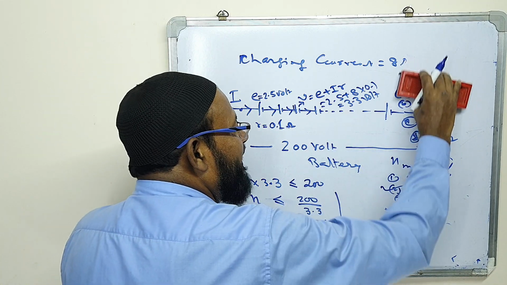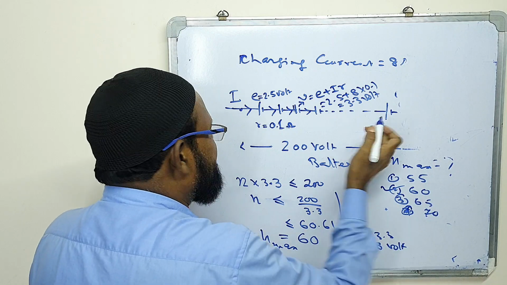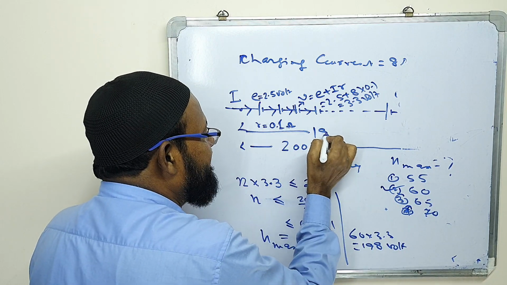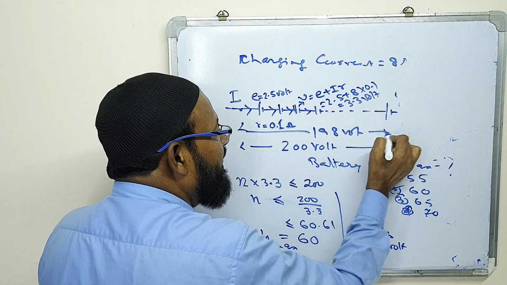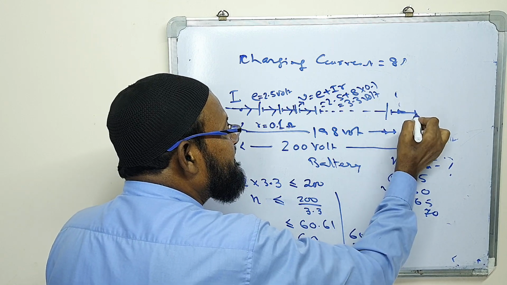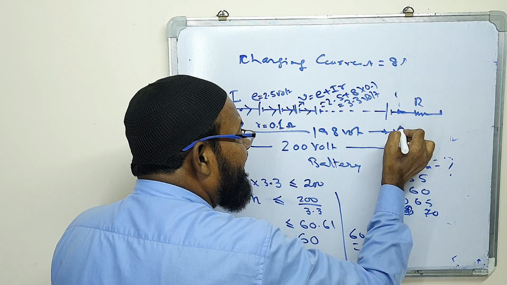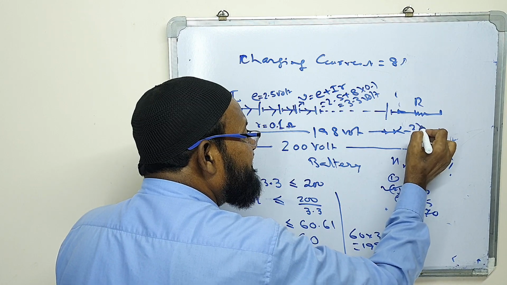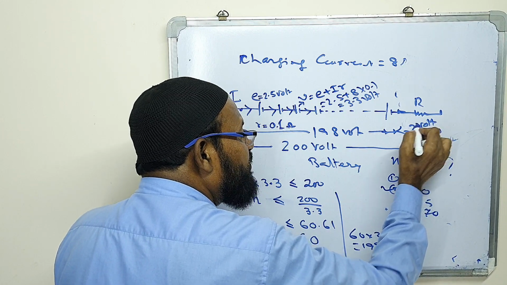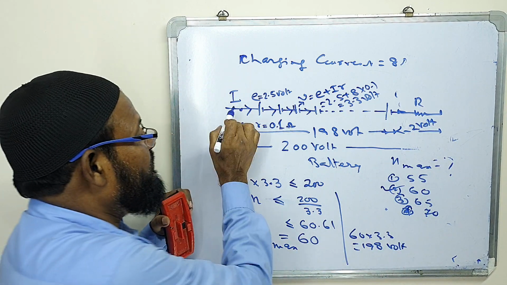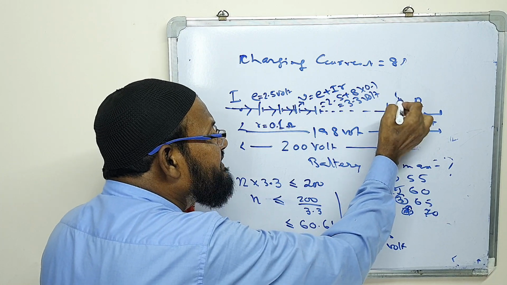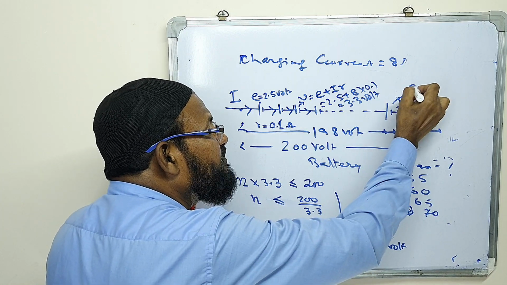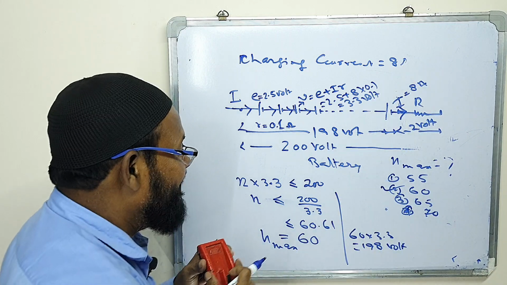Now, please be careful. I am deleting this part. Up to here, it is 198 volt, and here I am putting a resistance R, and this part will be only 2 volt. This is the charging current, which is equal to 8 ampere. What is the formula?